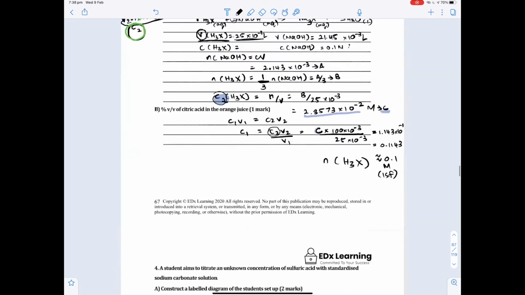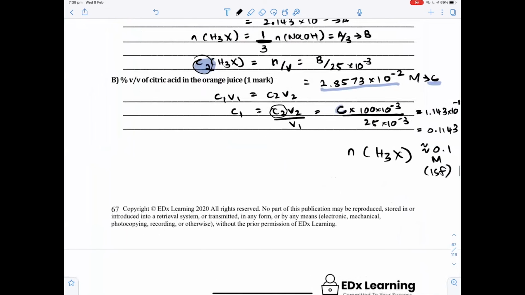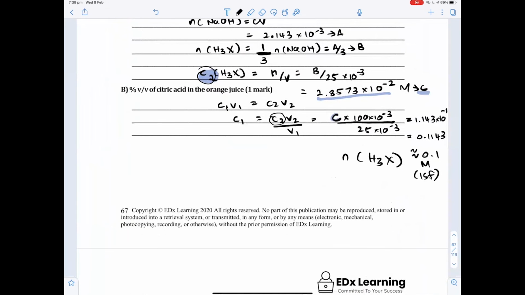All right, what we'll do now is we'll go through this question here. I'm not going to say anything, but I want you to tell me, what is percentage V/V? What does that mean to you? Percentage V/V. Percentage volume over total volume. Okay, and what does that mean mathematically? So if I asked you, Gerald, percentage V/V, how do you understand that? What does that mean to you in simple terms?